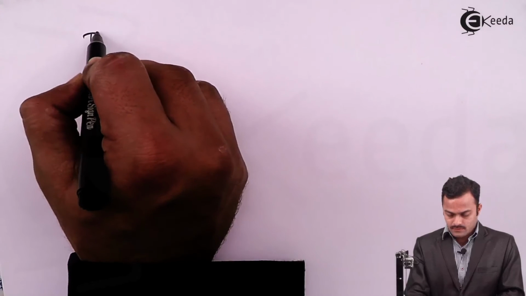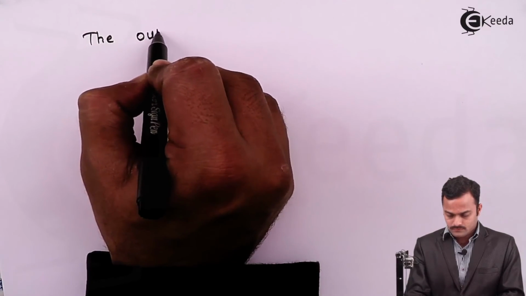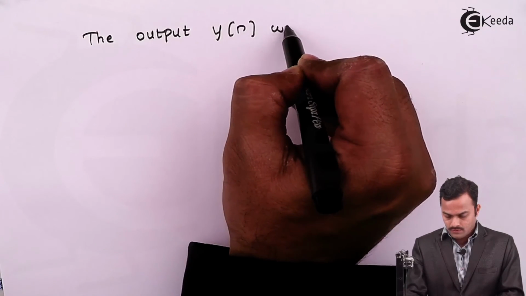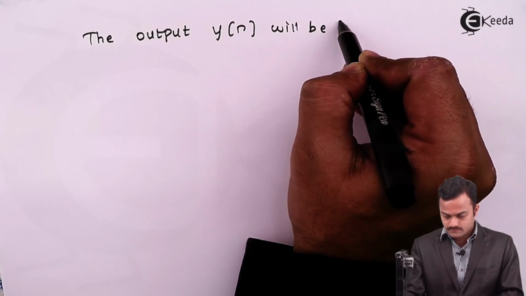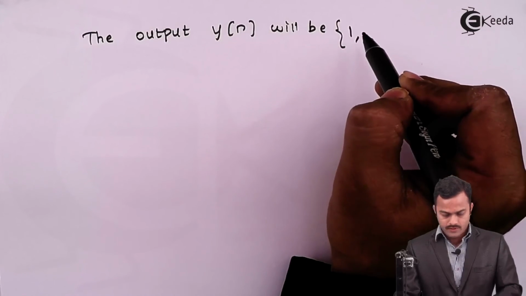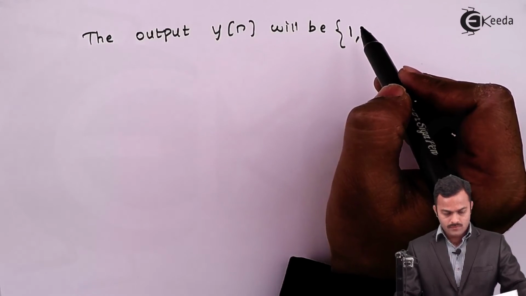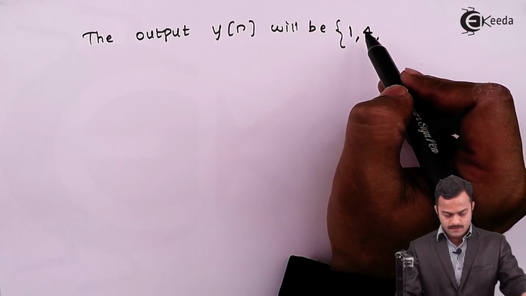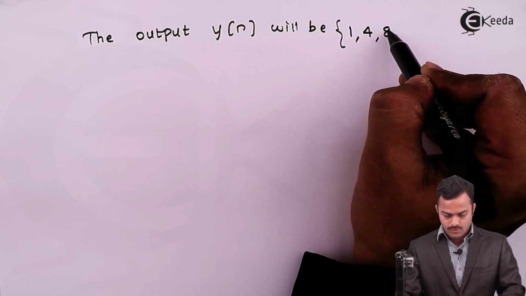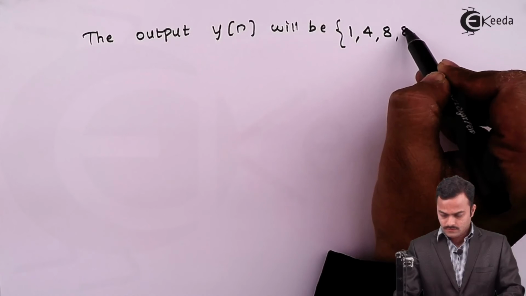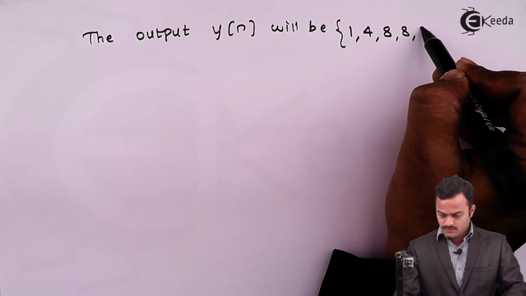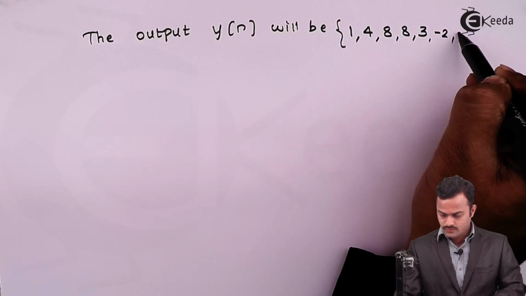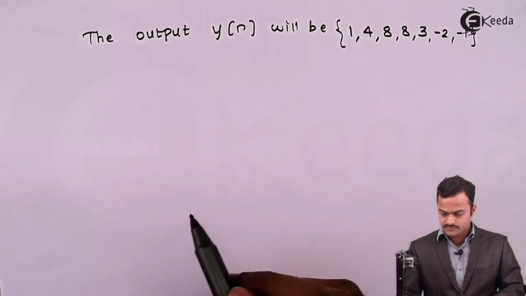So I can say the output y of n will be 1, 4, 8, then 8, 3, -2 and -1.